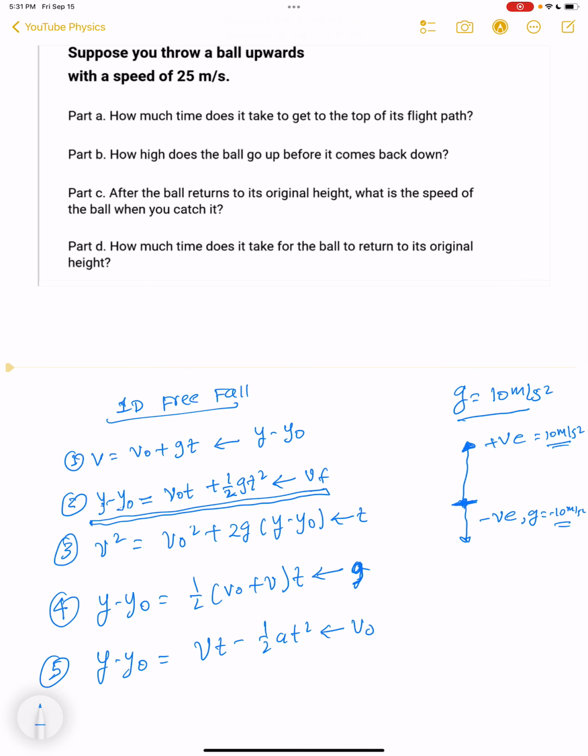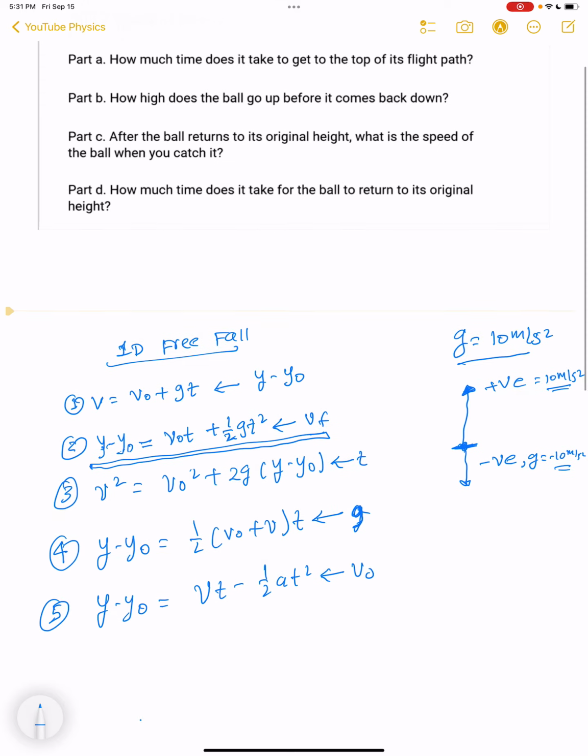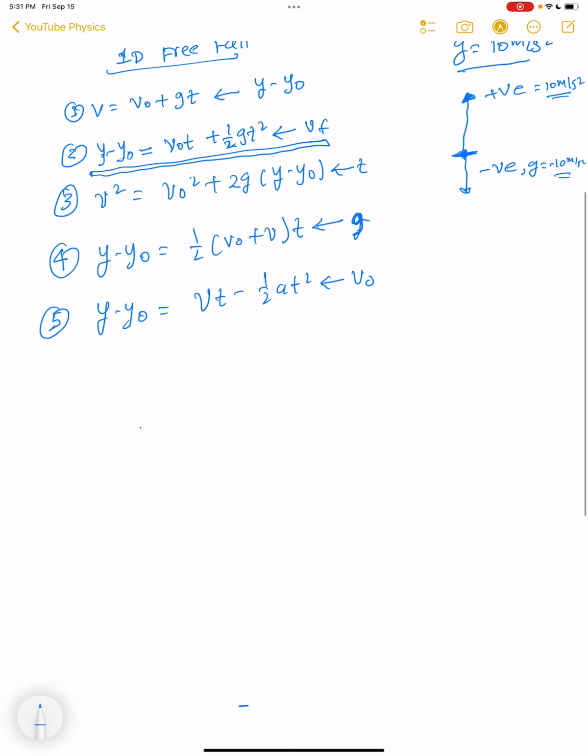Here it says, suppose you throw a ball upwards at 25 meters per second. So you have a ball here, and then you're throwing the ball. Ultimately, it reaches a height where it's going to stop, and then it's going to come back down, right?